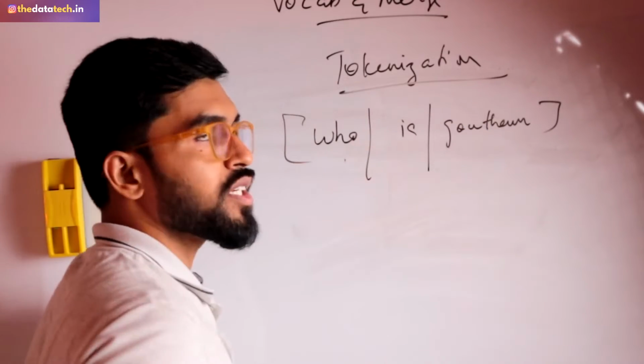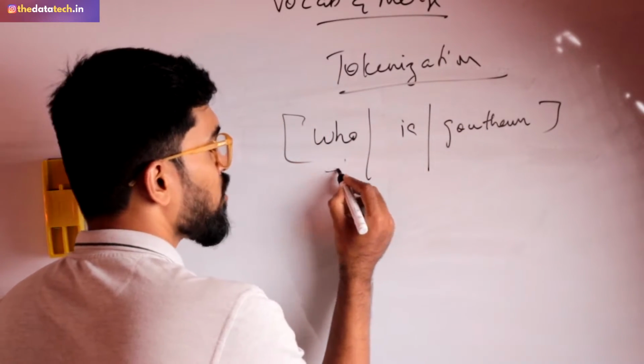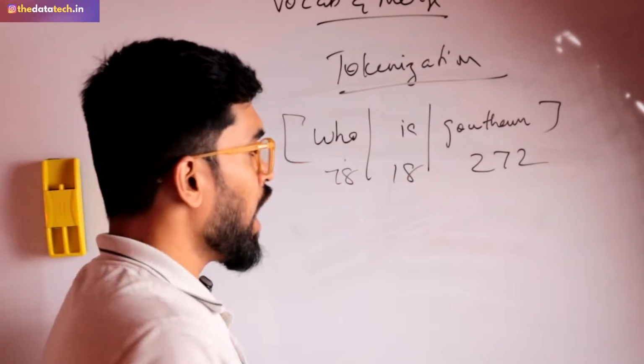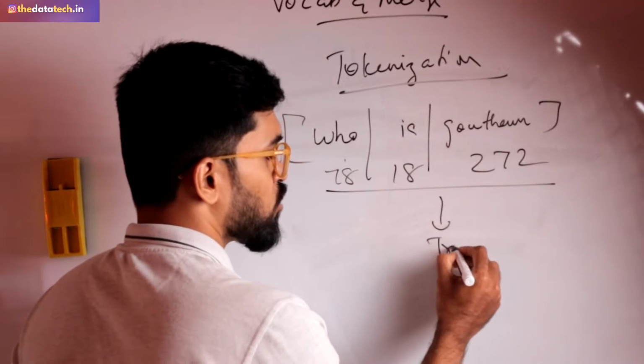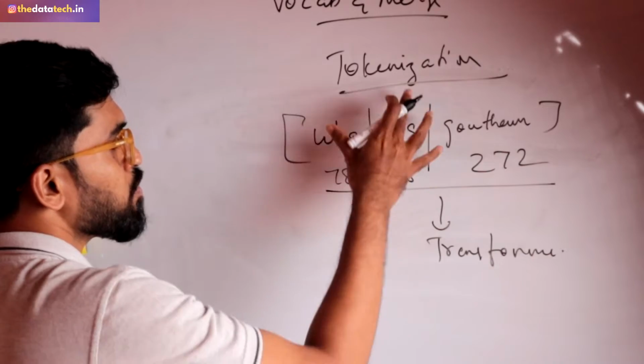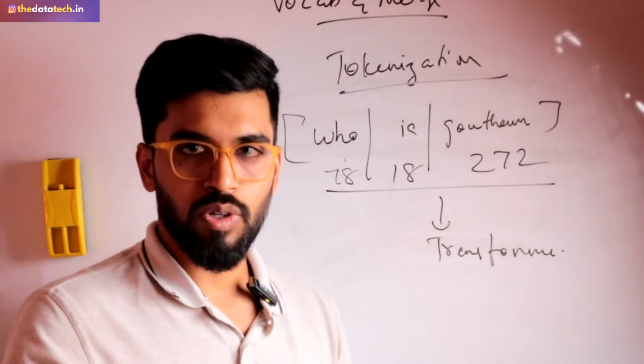It will split this into words or subwords, and then it assigns numbers to them, for example 78, 18, 272, something like this. This number sequence is the input for the transformer model. This particular process is the tokenizing, and it comes under tokenization.